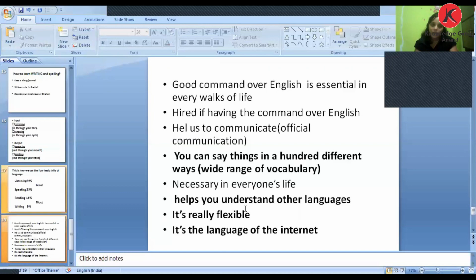If you want to learn the French language, the instructions and some ideas are given in English, so that you can learn that other language. It's really flexible. English is very flexible, and it is the language of internet, right? You know that English is an international language, and the language of internet. Wherever you go, if you are talking about any web series, Google, Instagram, any social networking site, you find this language. English is a common language.